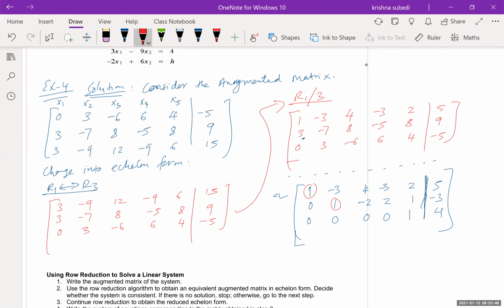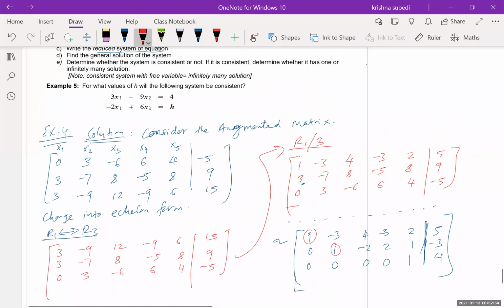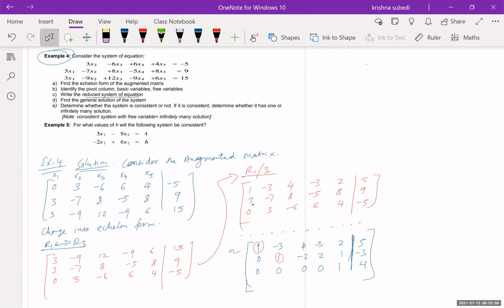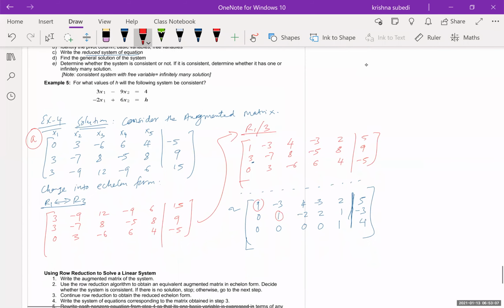And I trust that you are able to get this echelon form. And now let us answer those questions given in that example. Okay, part A, find the echelon form of the augmented matrix. Yes, we did it. So part A, we did it, echelon form. This is in echelon form. It is not in RREF form though.